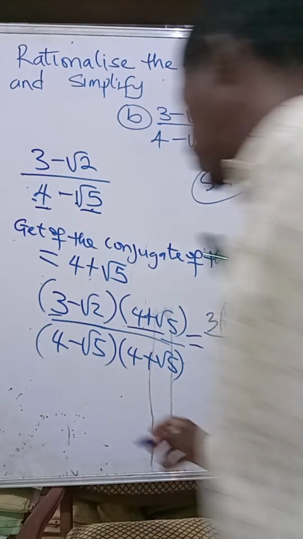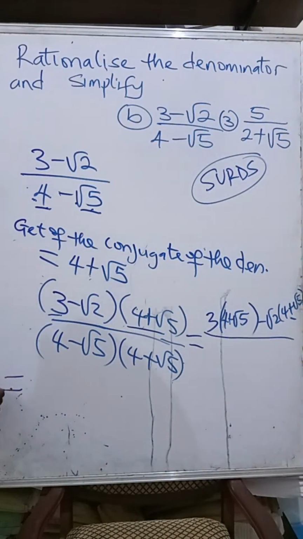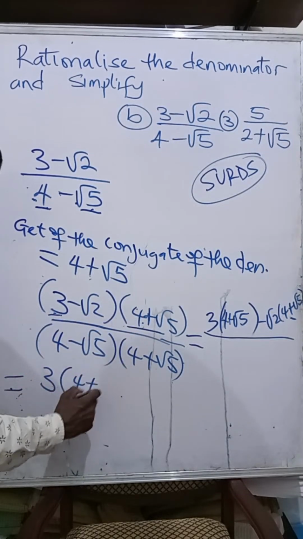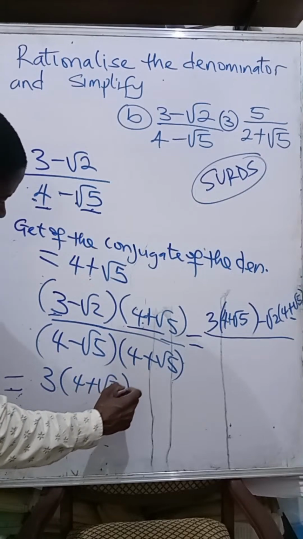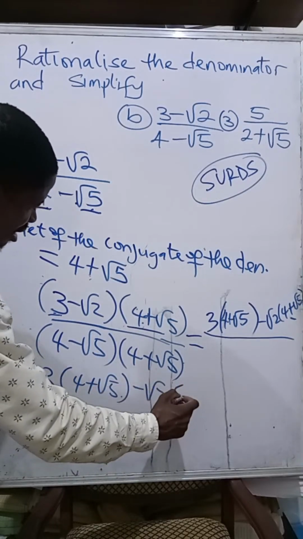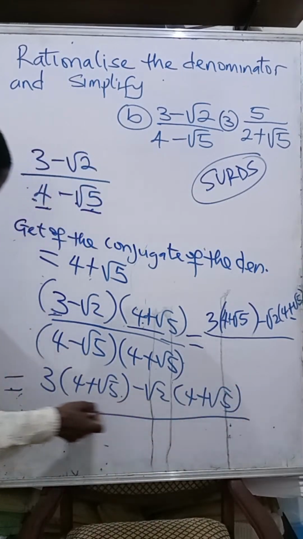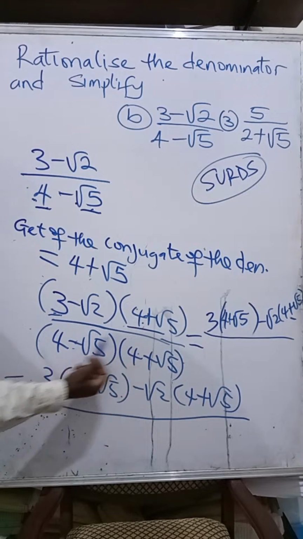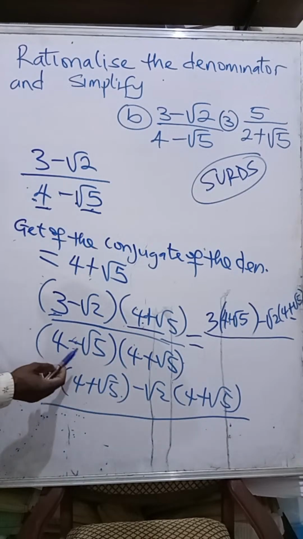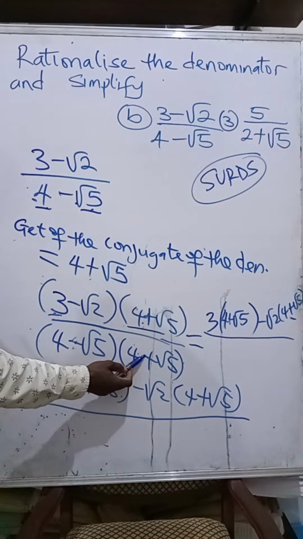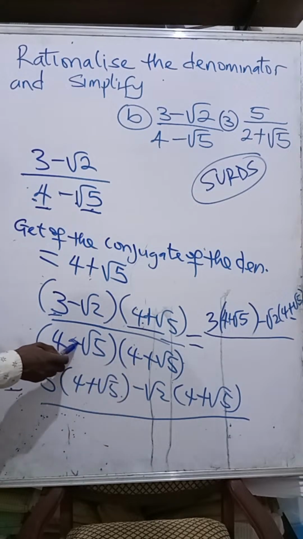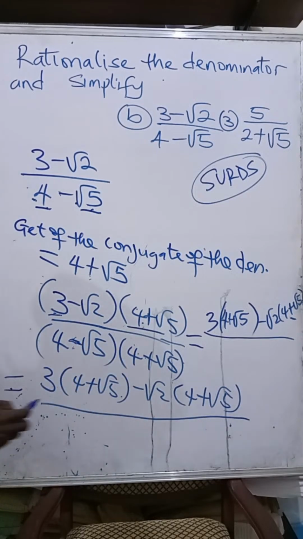There's no space there. Let's use this one. So that will be equal to the first one times the bracket, 4 plus root 5, then minus root 2 times 4 plus root 5. And then over this one, the same expression. When you have the same expression but the sign is alternating, negative is here, plus is here, we call it difference of 2 squares.